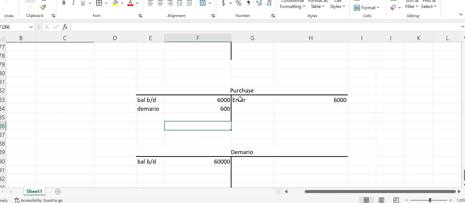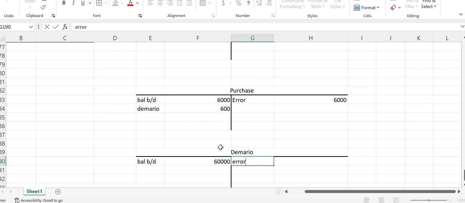So our purchase figure, the balancing figure, will be 600. You recorded it as 6, an error of 6,000.